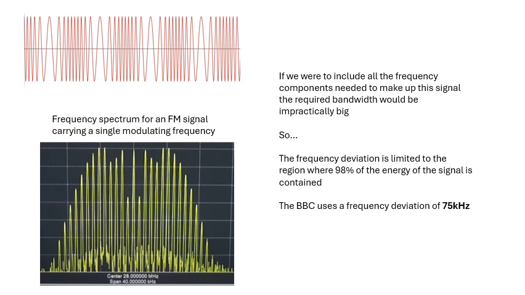So what you do is you limit the frequency deviation. The frequency deviation is limited such that it carries 90% of the energy of the signal. For example, the BBC uses a frequency deviation of 75 kilohertz.